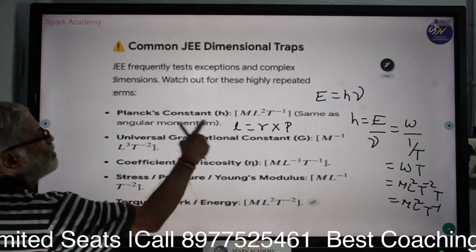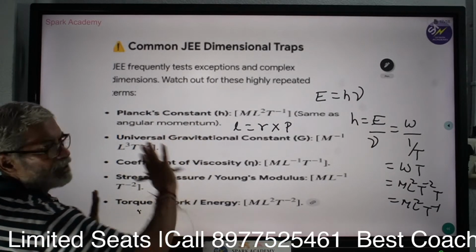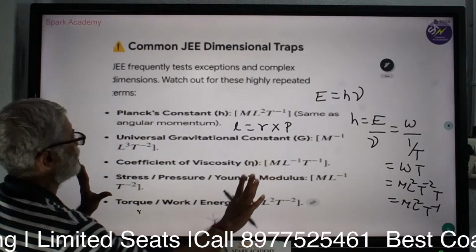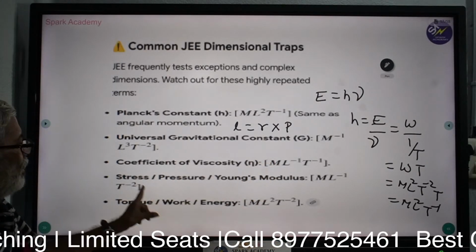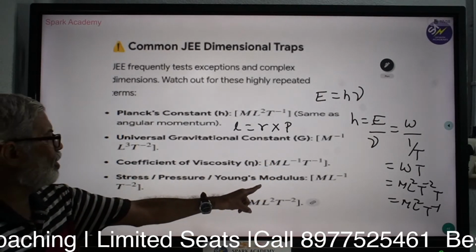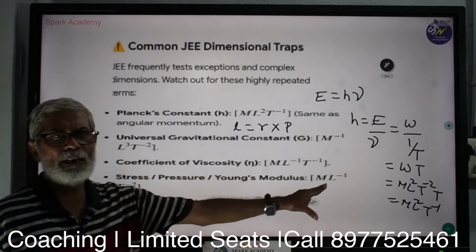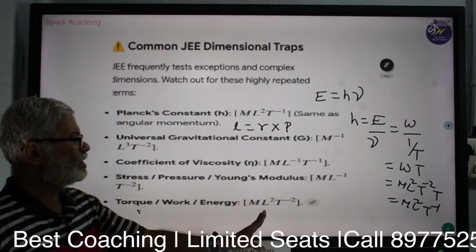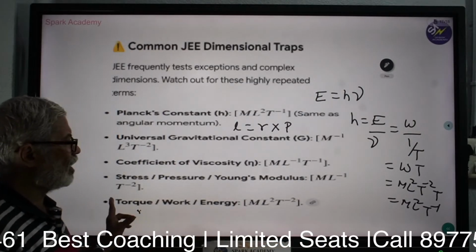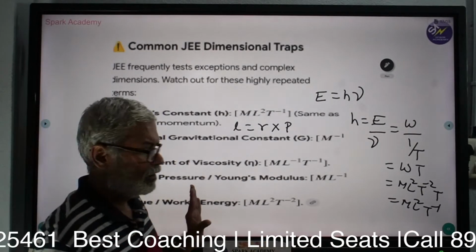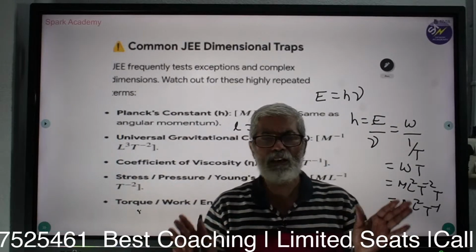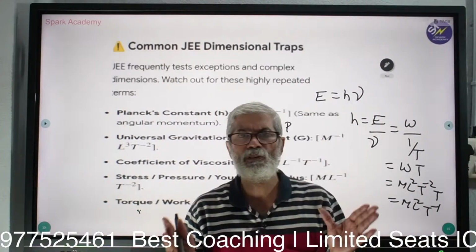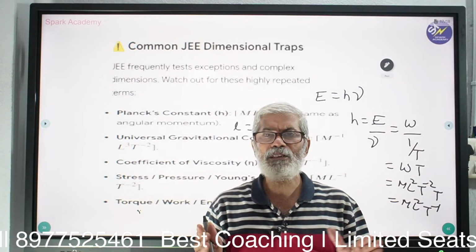So Planck's constant and angular momentum are two physical quantities with the same dimension. Similarly, stress, pressure, Young's modulus are different physical quantities with the same dimension. Torque, work, energy, different physical quantities, same dimension.